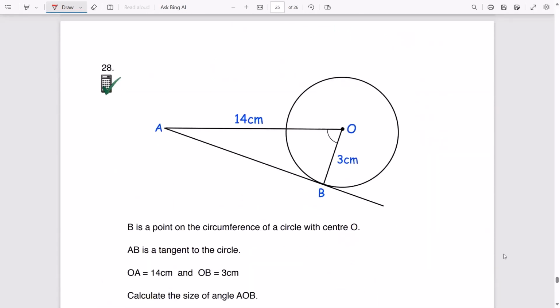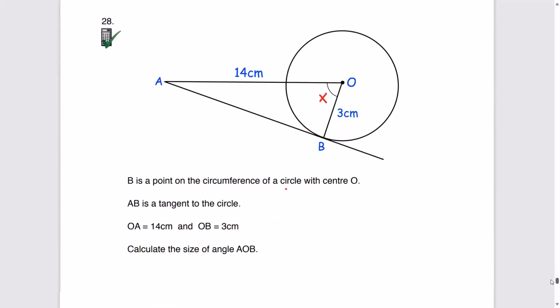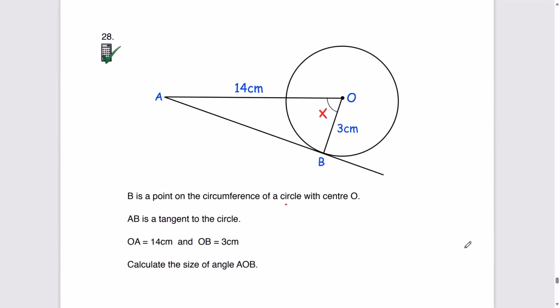And then this one, from the lengths, we want to work out the angle AOB. Yeah, this angle. You're going to use trigonometry because this is 90 degrees, radius and tangent.